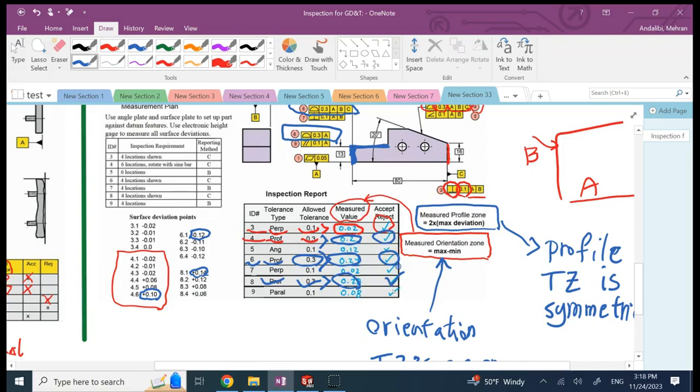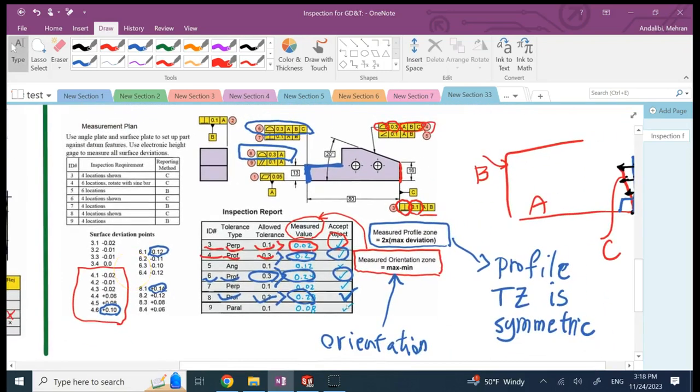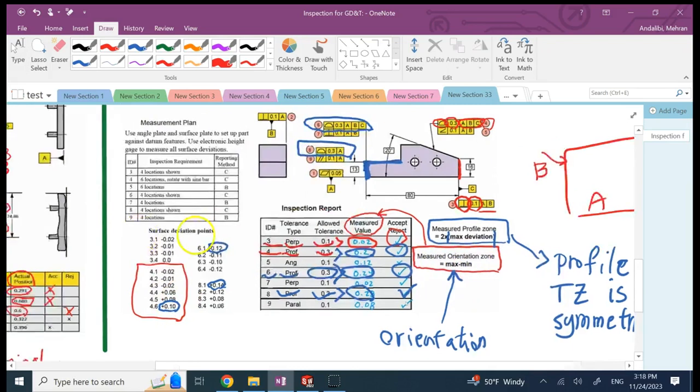Okay, so the important formulas to take out of this lecture are: for a profile, the measured value to compare against the tolerance is 2 times the absolute value of the maximum deviation. For orientation, it is simply max minus min.